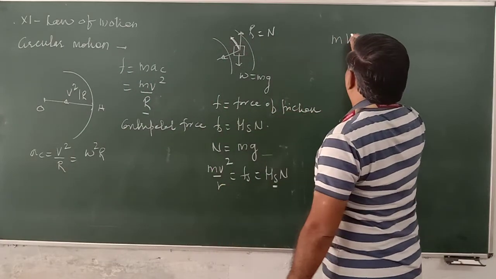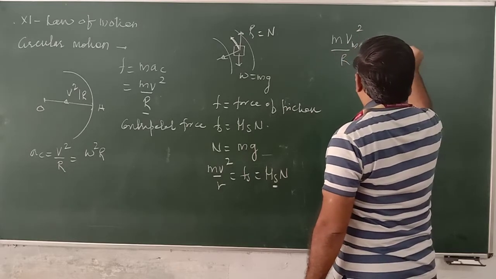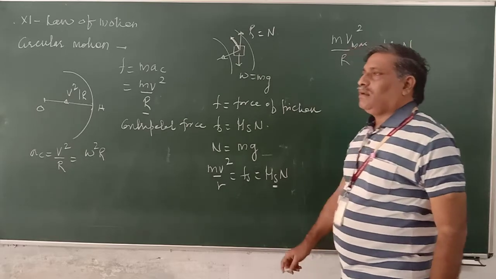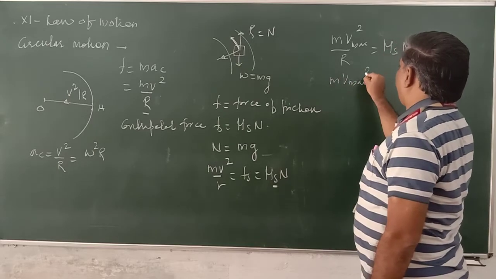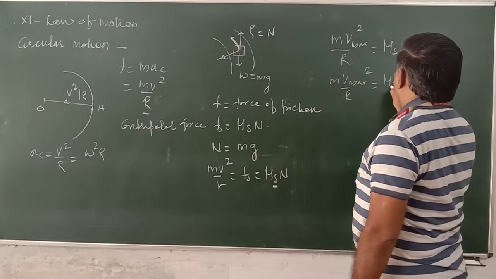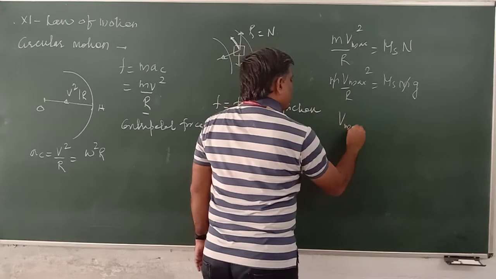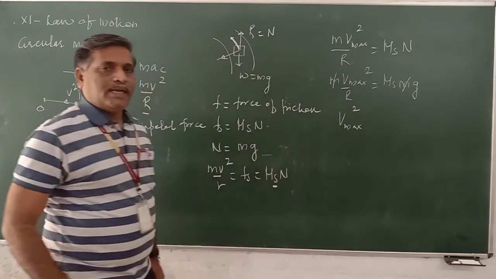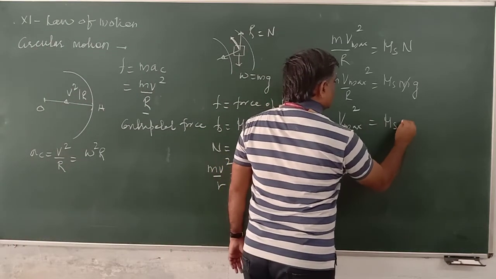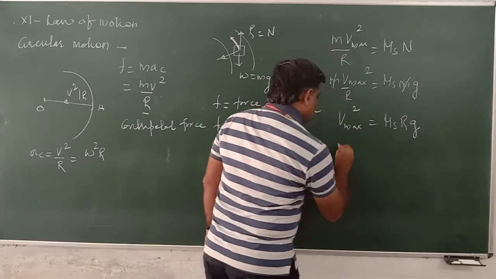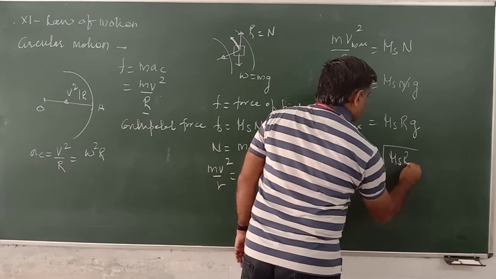That is, m v max square by r is equal to mu s N. N is equal to mg, so we can write v max square by r is equal to mu s g. This m is cancelled. V max, the maximum velocity with which it can take a turn along the curved road, is equal to mu s r g, or v max is equal to under root mu s r g.